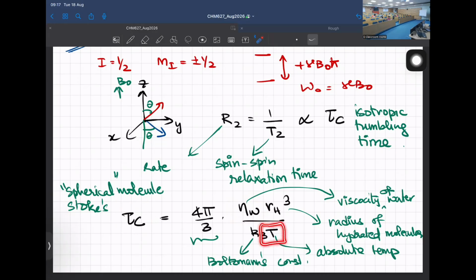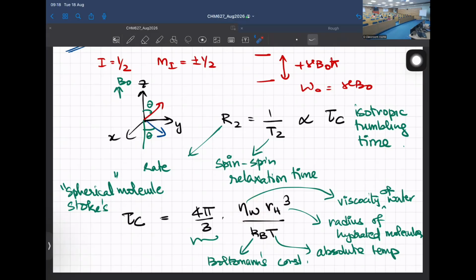Next component that comes up is temperature, and remember temperature is in the denominator. Therefore, you benefit by increasing temperature, meaning that as the absolute temperature increases, the tau c reduces inversely. And therefore, many people at times measure data at 37 degrees, which also happens to be body temperature for biomolecules, because that helps in reducing tau c, right? Indirectly, viscosity is also dependent on temperature.